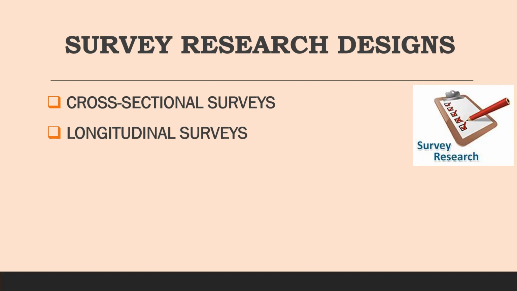In cross-sectional surveys or studies, a survey is administered to a population once. In the longitudinal survey or studies, the surveys are administered to a population more than once, okay, with significant periods of time elapsing between each administration of the survey.